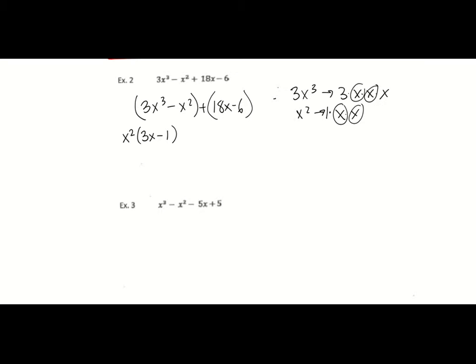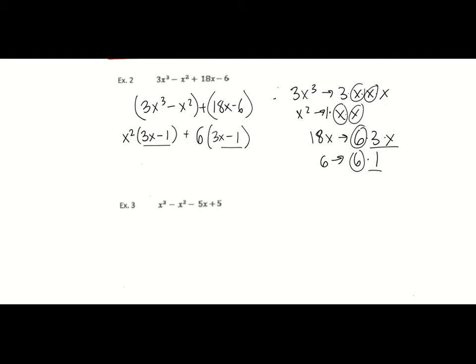Then my 18x, that is 6 times 3 times x, and I could keep splitting that up, but my 6 is just 6 times 1. So I have a 6 in both of these, and I can pull that out front. That leaves me with 3x, my first term, and minus 1 as my second term. So now I have the same term for both of these groups.